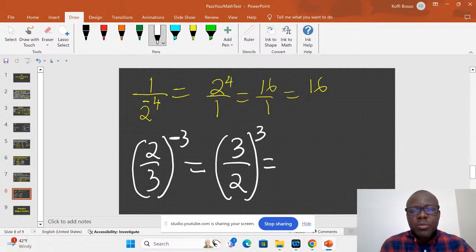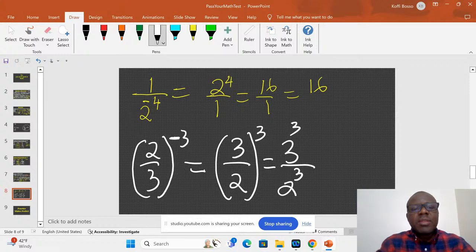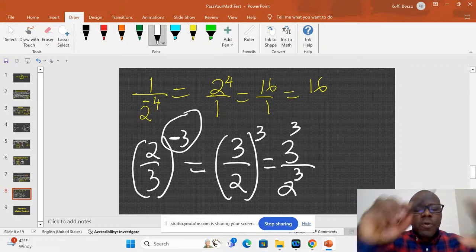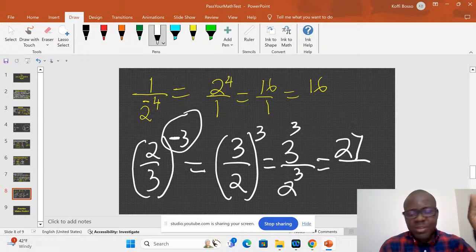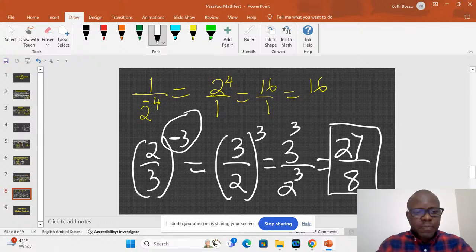You take the 3 and raise it to the third power, and you take the 2 and raise it to the third power. Because I used a parenthesis, the negative 3 as exponent is for the entire fraction. So the top is not 9, but 27. The bottom is not 6, but 8. You see, that is something you can have.